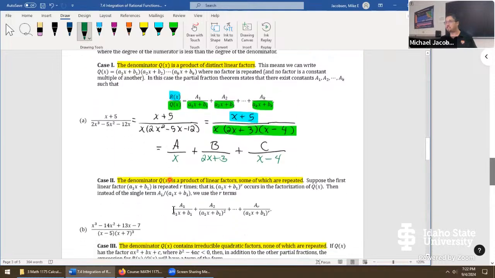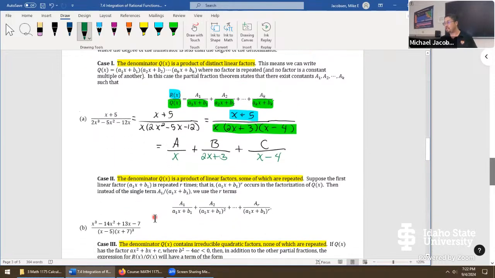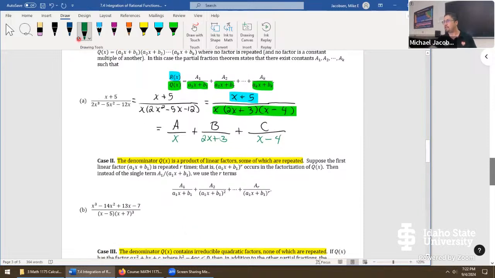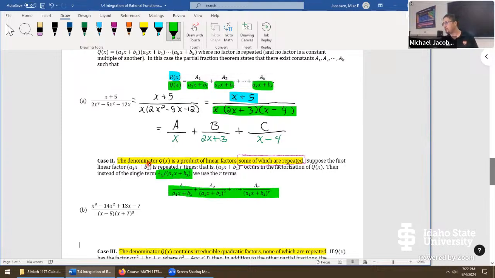So let's go off to case 2 and spot the differences. My part B is a little bit nicer since everything is already factored. But the only thing that's new in case 2 is that some are repeated. If there's a repeat, then instead of the single term, say A over x, we have A1 over (a x plus b) plus A2 over (a x plus b) squared, and so on.